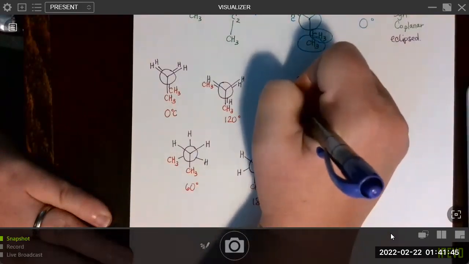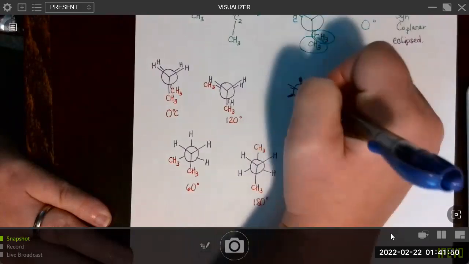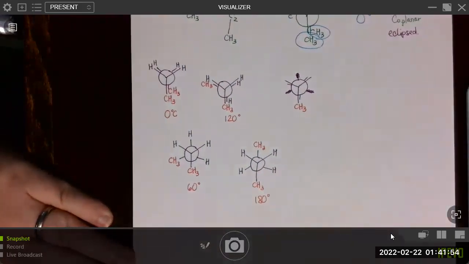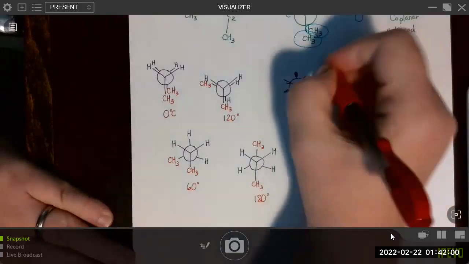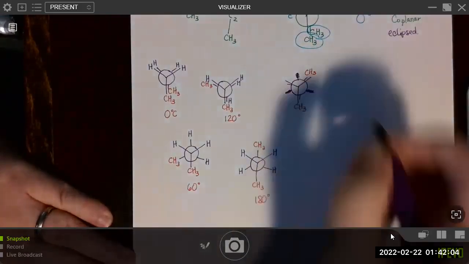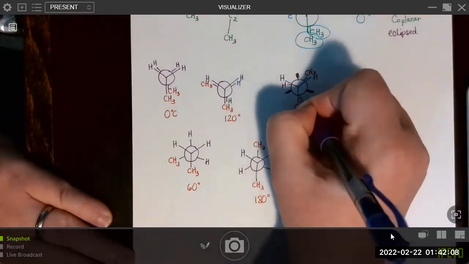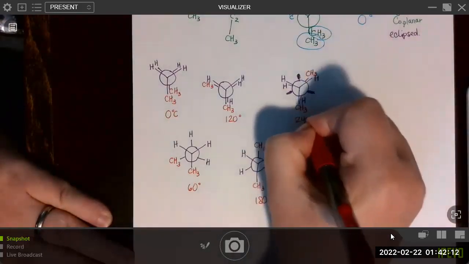Trying to draw it staggered when it should be eclipsed. It's good to draw it in pencil so you have an eraser. That's okay. So again, that back methyl will end up behind the front hydrogen. And this is 240 degrees.